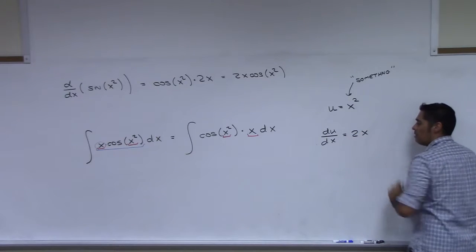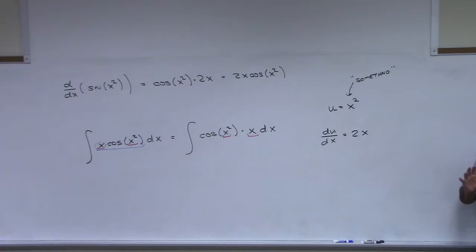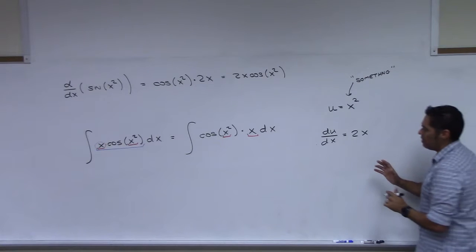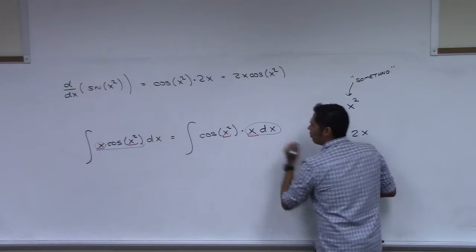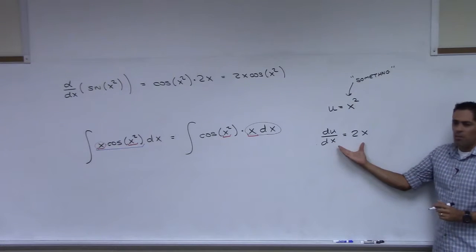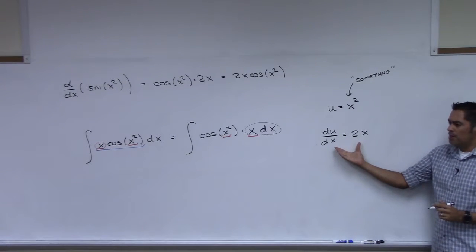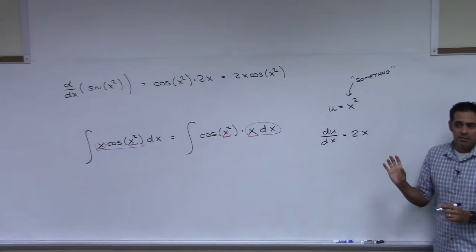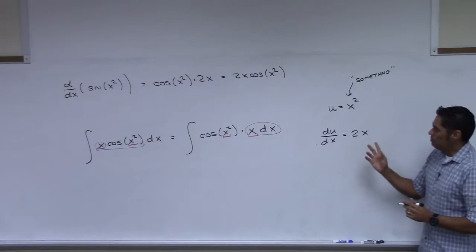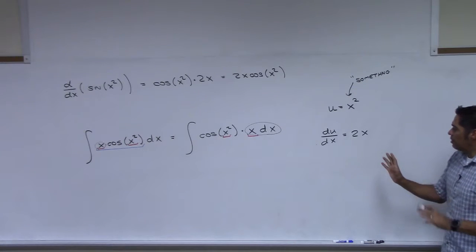2x. Okay. Now we're going to play this little matching game. I'm going to try and somehow create x dx out of this equation. Is there any way that I can manipulate this equation to get x dx by itself on one side? So just algebra, just doing algebra.